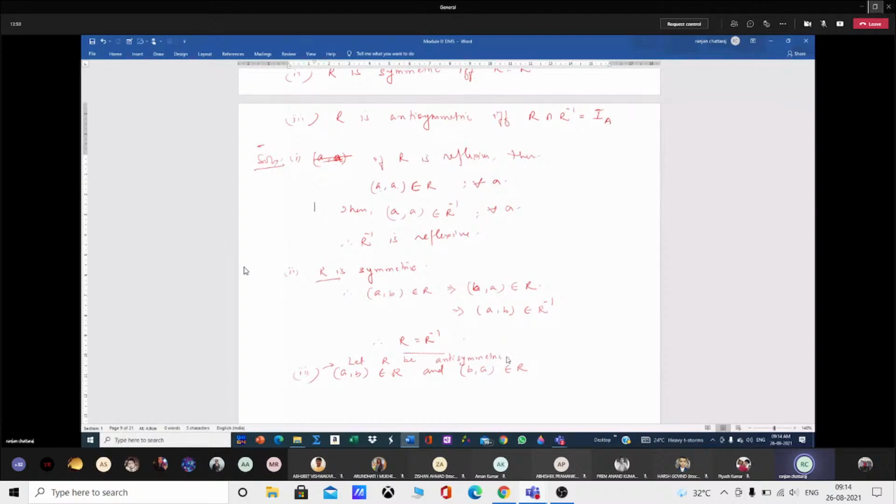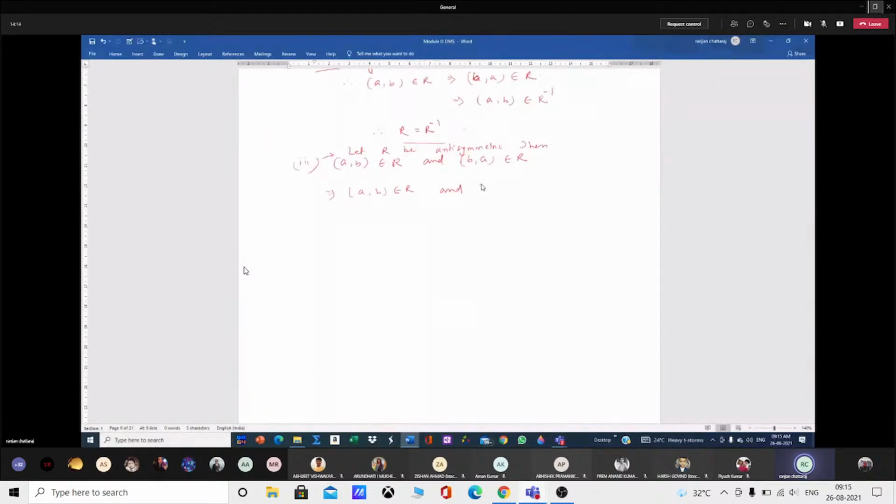Then AB belongs to R, and BA belongs to R, so AB belongs to R inverse, and this implies AB belongs to R intersection R inverse.